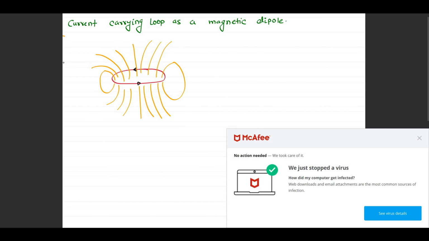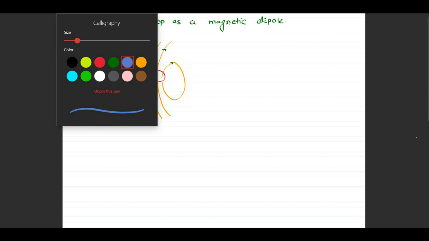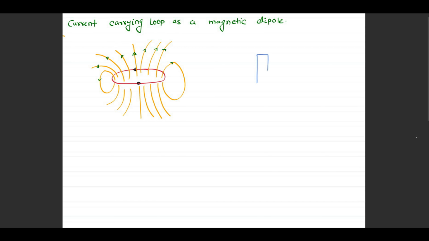And these will be the directions. We know magnetic field lines create closed loops. So if magnetic field lines are produced, that means this current carrying loop is just behaving like a magnet which also produces magnetic field lines, like a bar magnet.